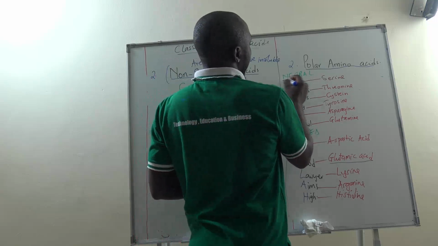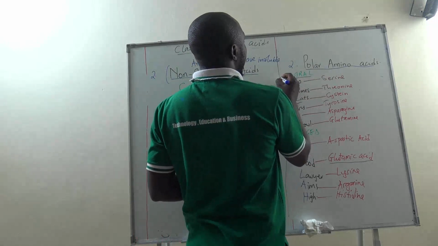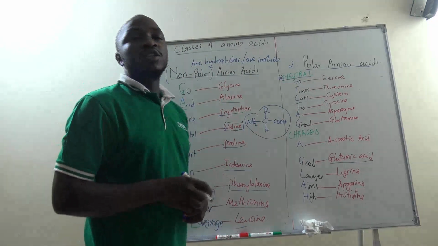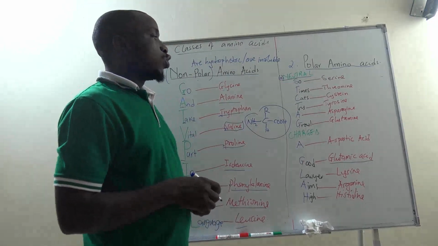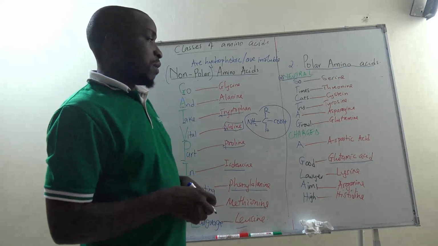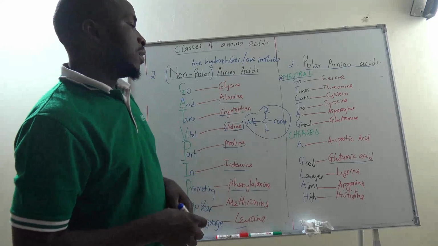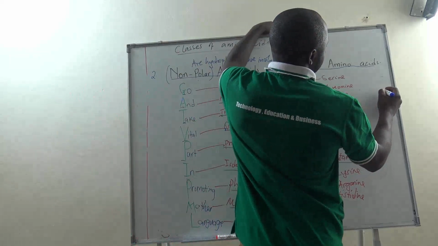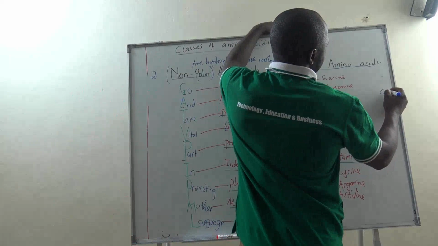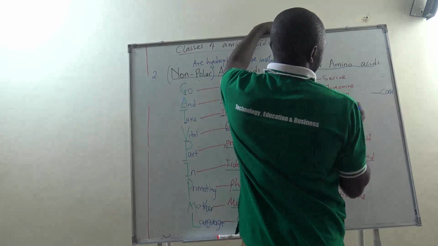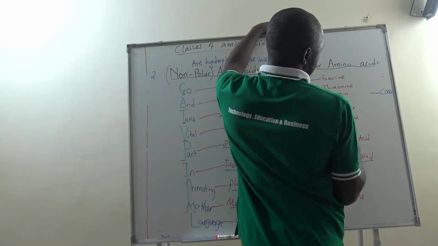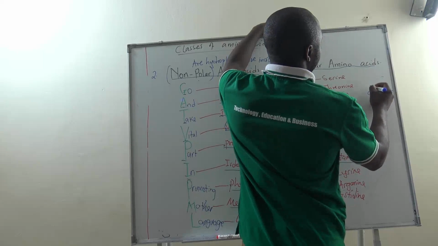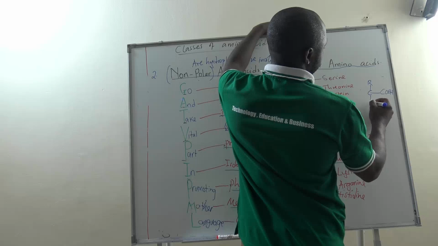But among the polar amino acids, the first category are polar, yes, but neutral. Neutral to what? Neutral to litmus paper. Meaning, if an amino acid is like this, now we take an example of cysteine.